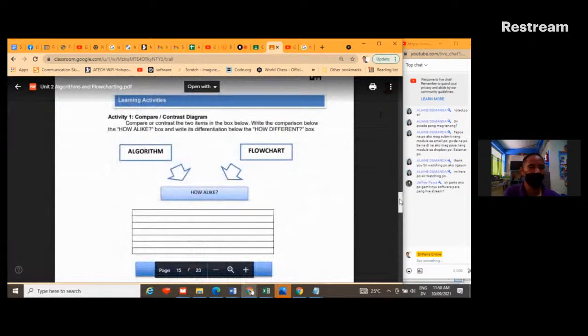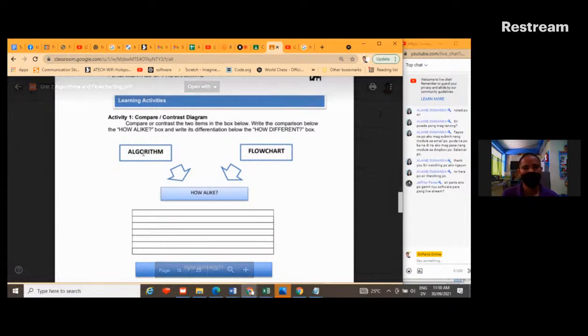After that you have your learning activity now. For the learning activity, you compare algorithm and flowchart.